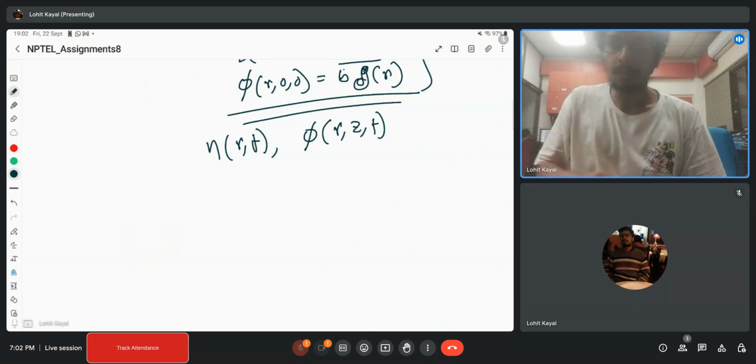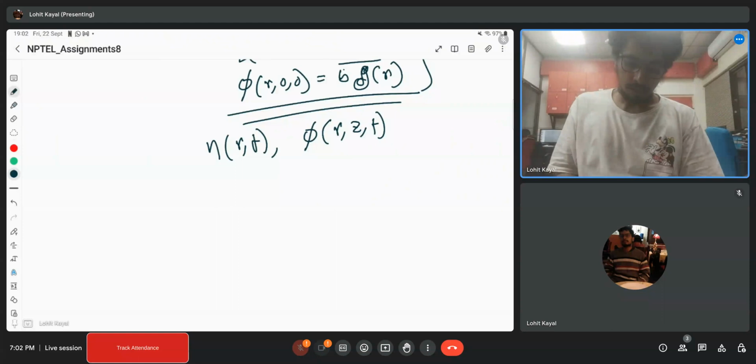Like the Fourier transform in Cartesian geometry, in cylindrical geometry we have the Hankel transform.